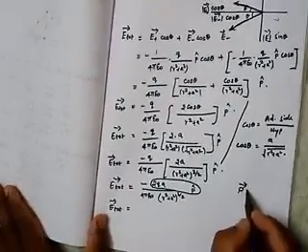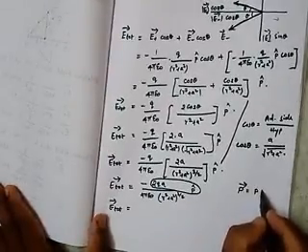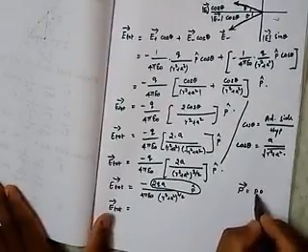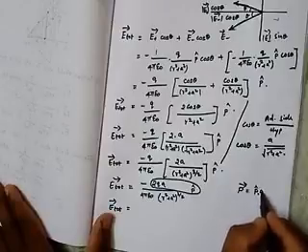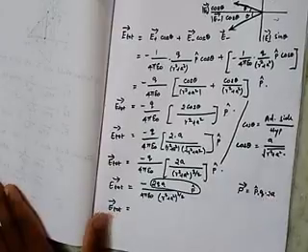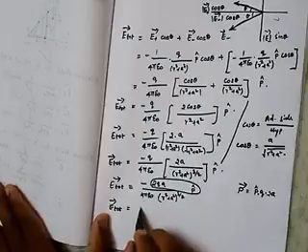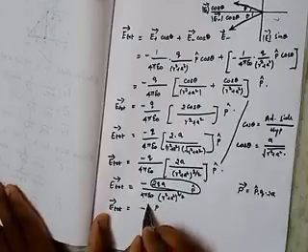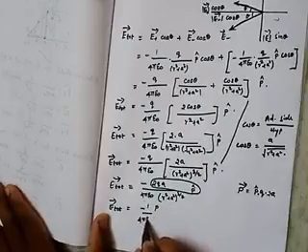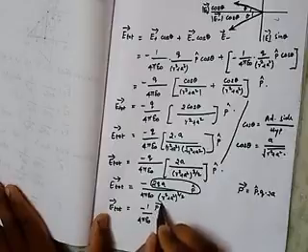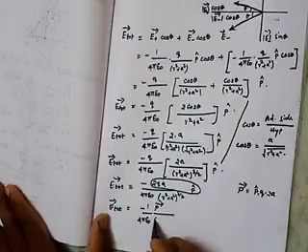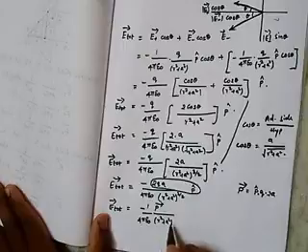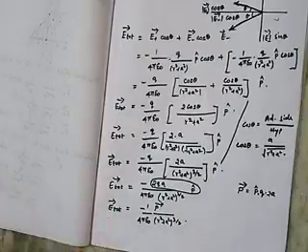P vector is equal to p cap into q into 2a. So we can write that it is minus 1 divided by 4 pi epsilon naught, p vector divided by r square plus a square whole power 3 divided by 2.